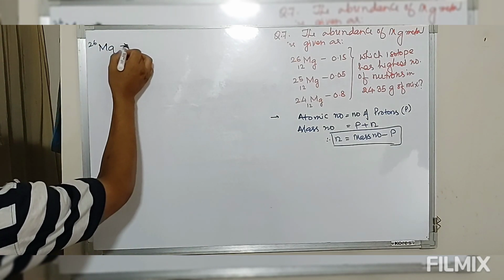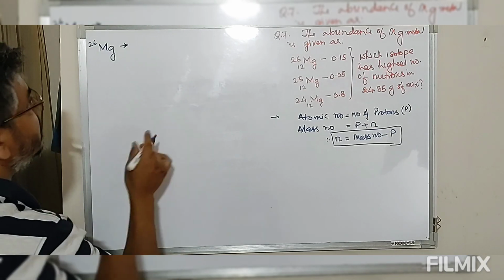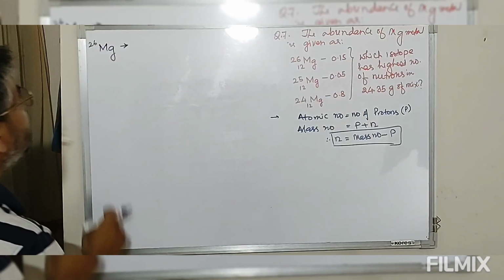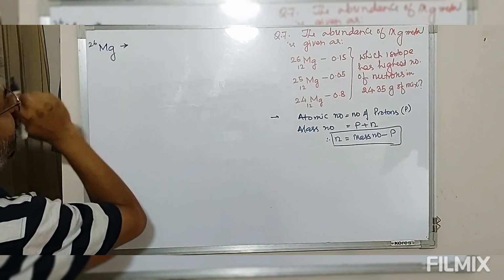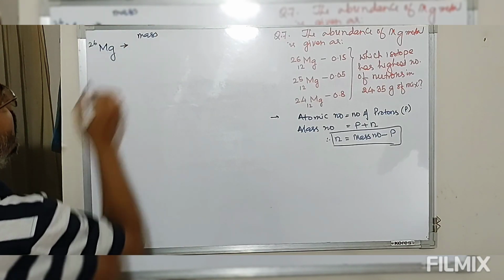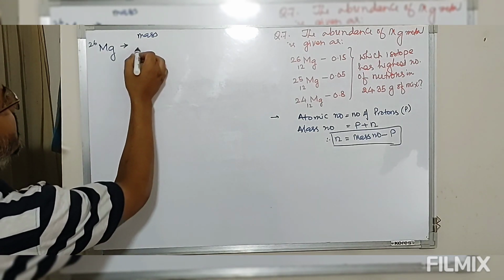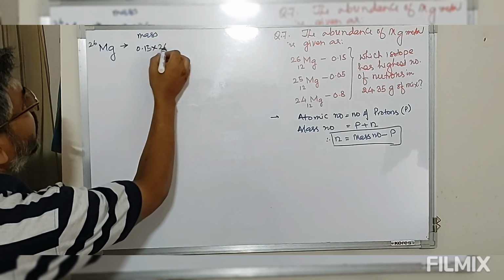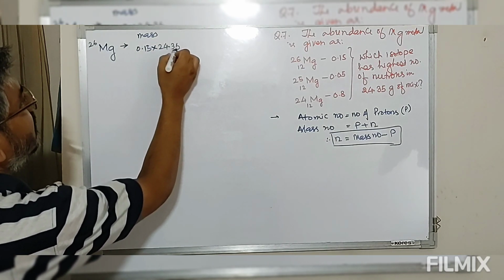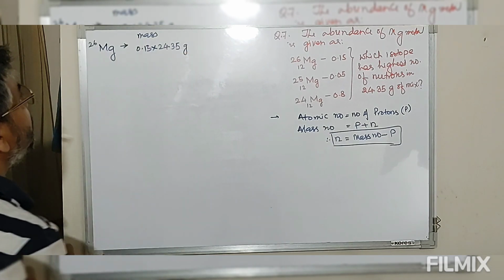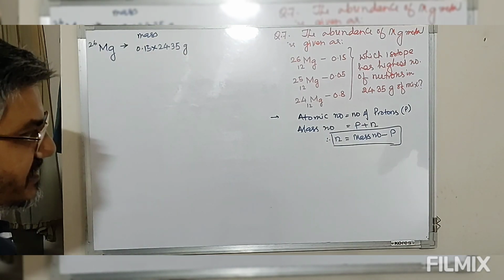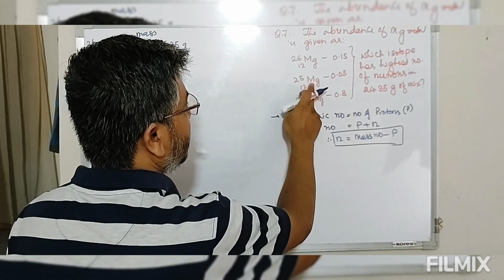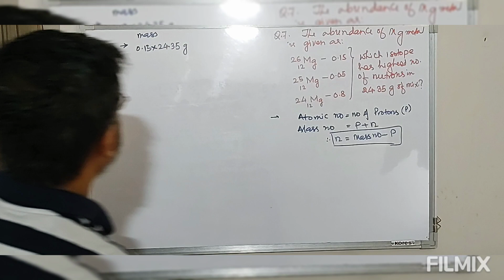For this, the abundance is 0.15, so the mass of magnesium 26 in the mixture is 0.15 into 24.35. This is the mass of 26. If this is the mass of 26, then we have to find the mass of 25 as well as 24.